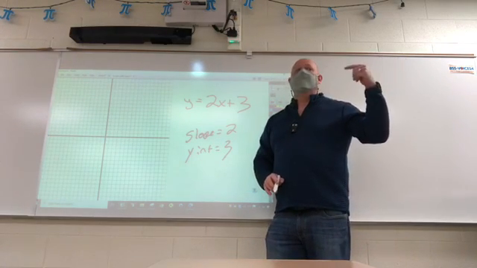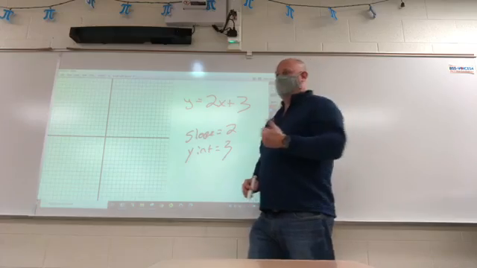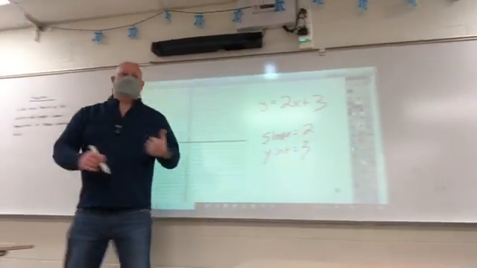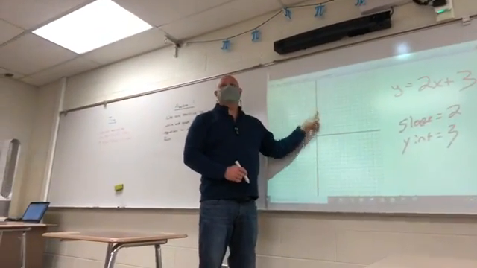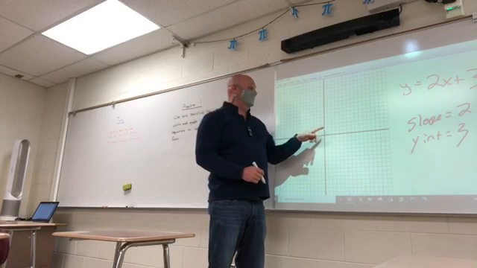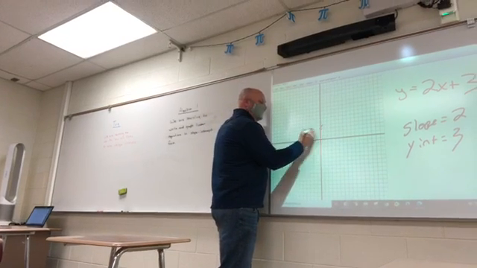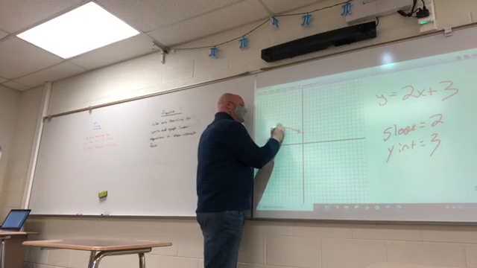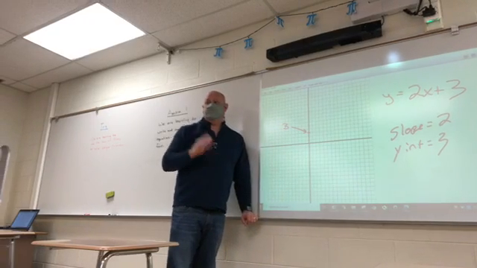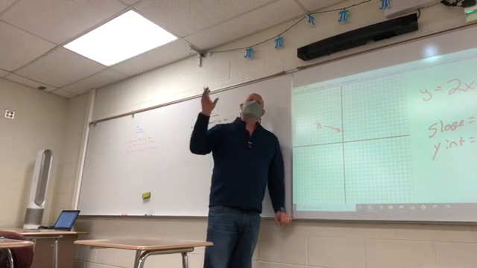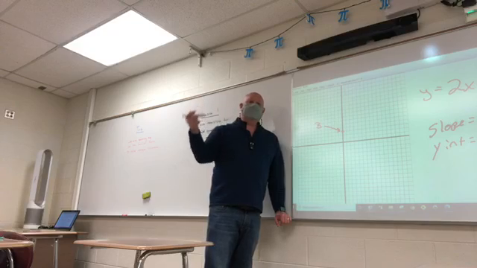Simple? We can draw the graph just from that. The y-intercept is basically my starting point. That means on the y-axis I go to 1, 2, 3. It has to cross at 3.